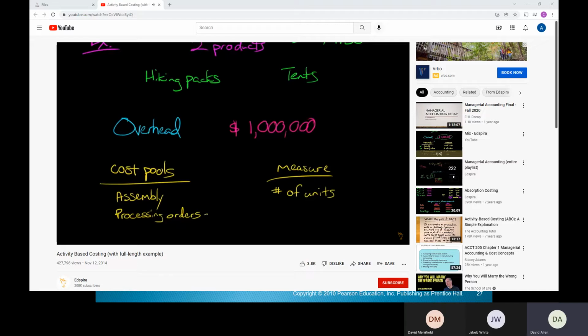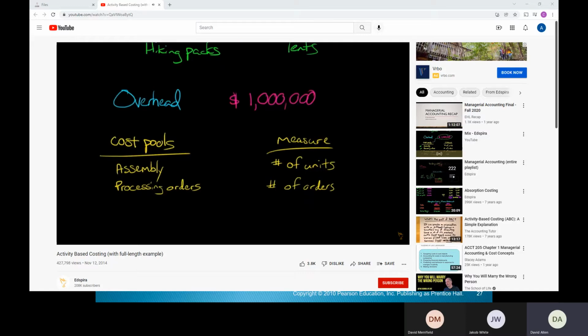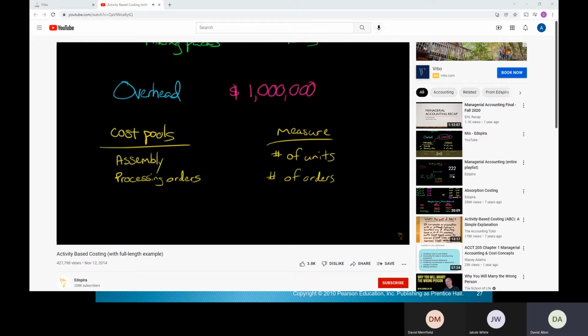So we say processing orders, and then what drives the processing orders? Well, the number of orders. If all else is equal, if we have more orders, we're going to incur more cost related to processing those orders. So that makes sense.